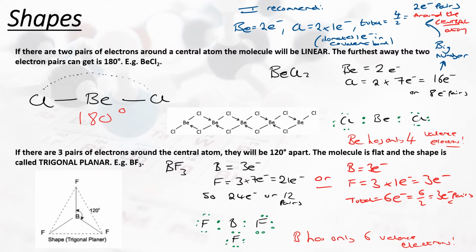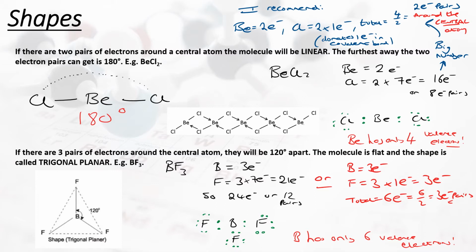These represent dative covalent bonds. So remember, a dative covalent bond is where we have both electrons being donated from 1 atom rather than a 1-on-1 shared covalent bond. And so we have 2 dative bonds from these chlorines on either side because these have lone pairs, and therefore we end up with beryllium then having 8 valence electrons.